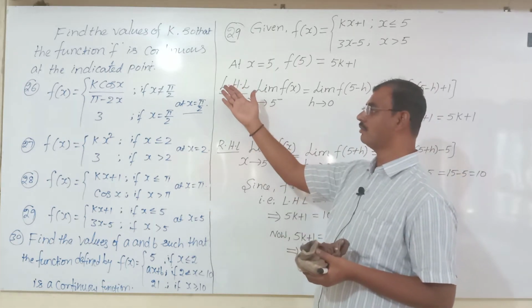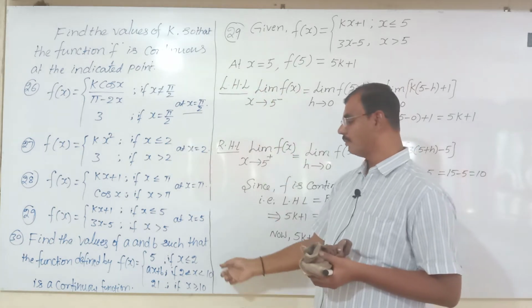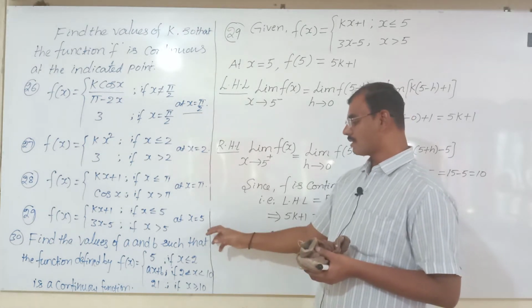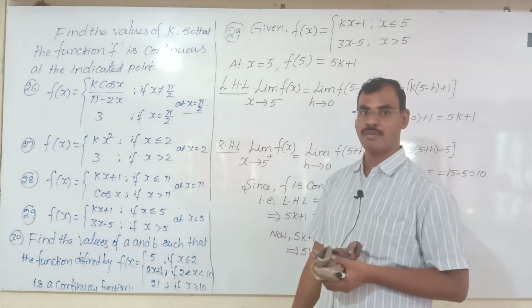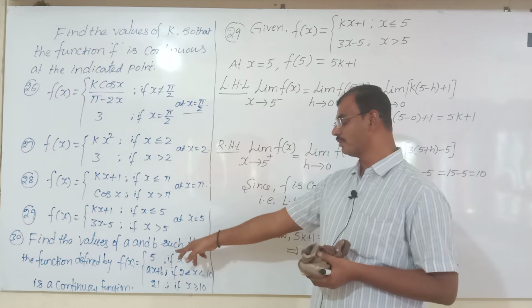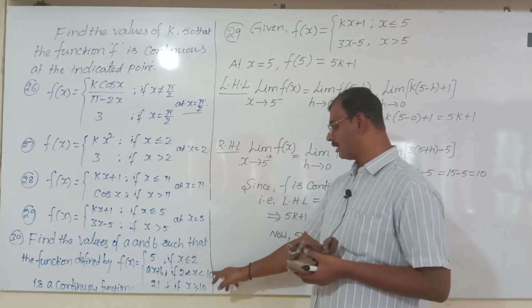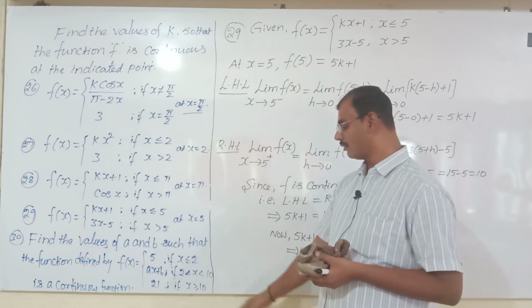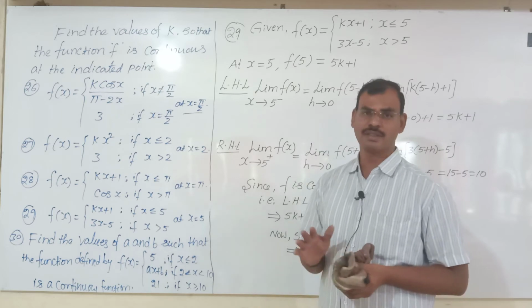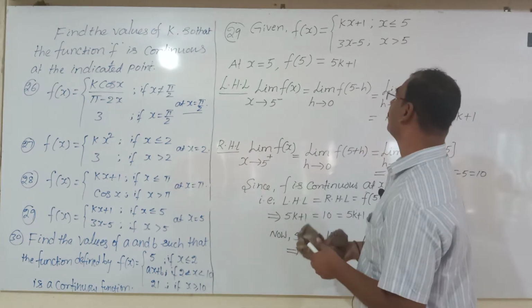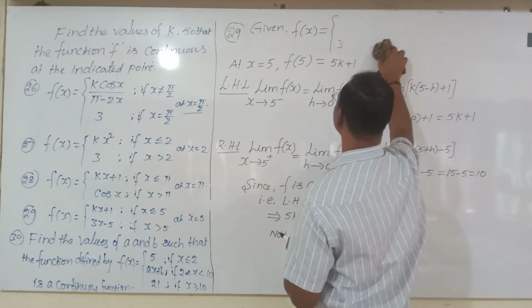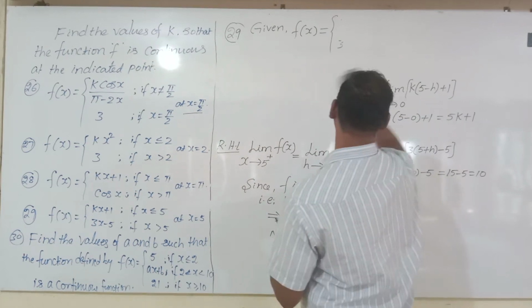In the above questions we found only one number k, but in this problem there are two numbers, a and b, such that the function is defined like this: when x is smaller than or equal to 5; when x lies between 5 and 10, ax plus b; when x is more than or equal to 10, 21, given is a continuous function. It is already continuous. Now we have to find a and b. It is almost a similar question. Okay, let us see how to solve this problem.